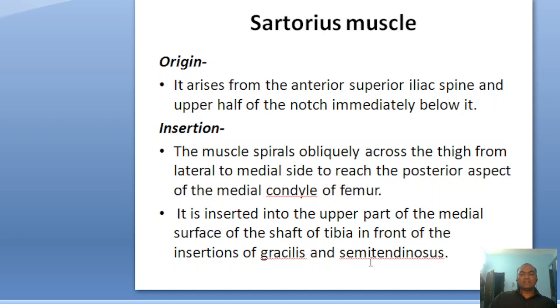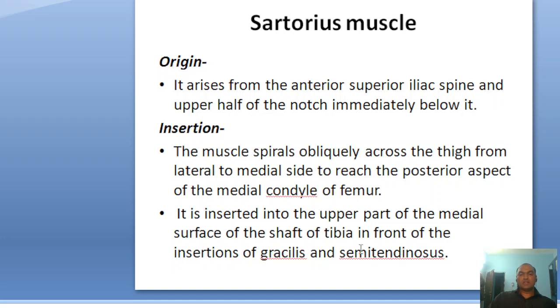of gracilis and semitendinosus. So all these three muscles form the pes anserinus, because sartorius is a muscle of the front of the thigh, gracilis is a muscle of the adductor or medial compartment of the thigh, and semitendinosus belongs to the back of the thigh or hamstring compartment.